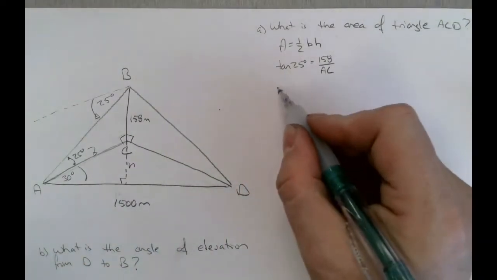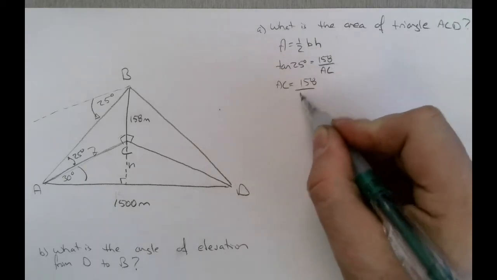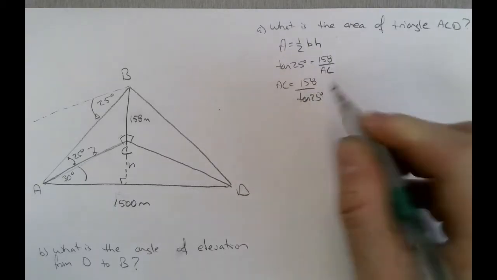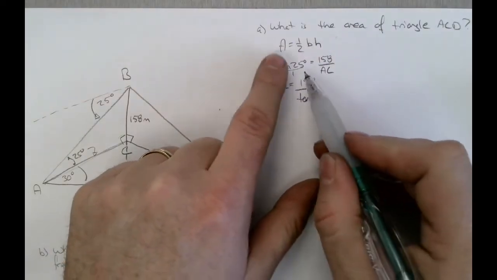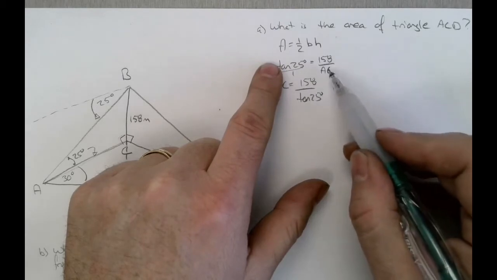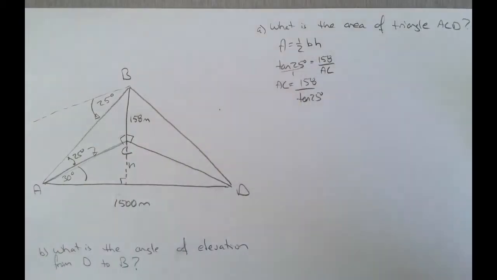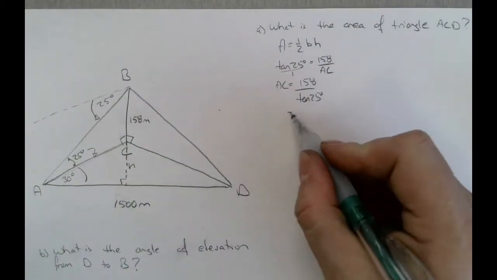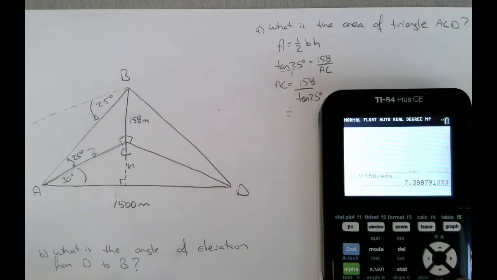So now I multiply up and I get that AC is going to equal 158 over the tangent of 25 degrees. Now, remember a little rule here. I can take the numerator on this side of the equal sign and switch positions with the denominator on the other side. I'm allowed to do that. And I get this right here. And so now I'll pull up my calculator just to get a sense of what that value is.